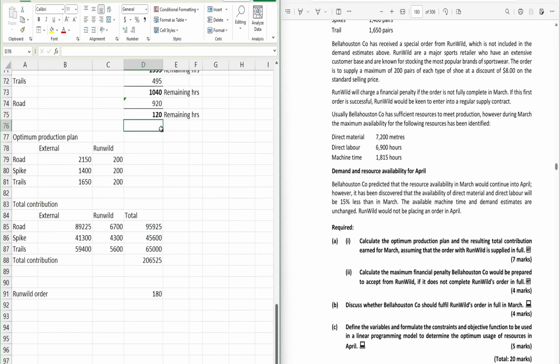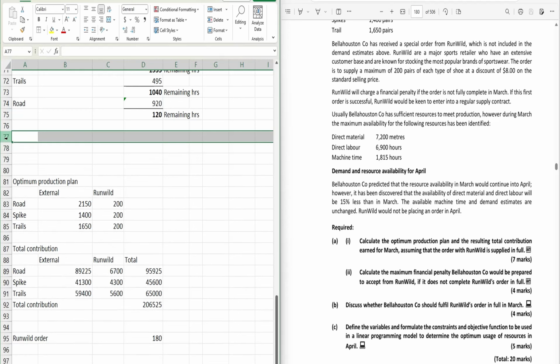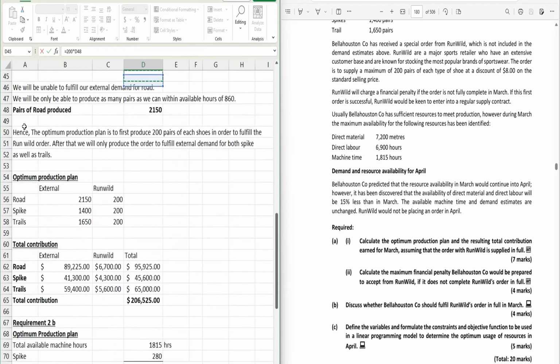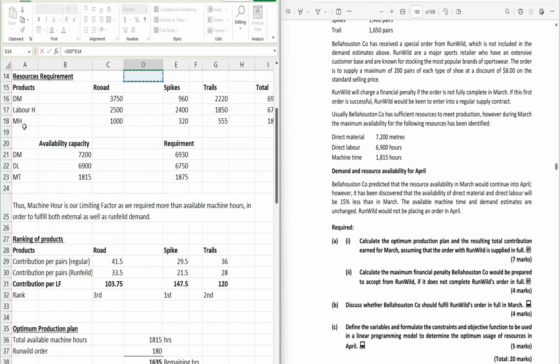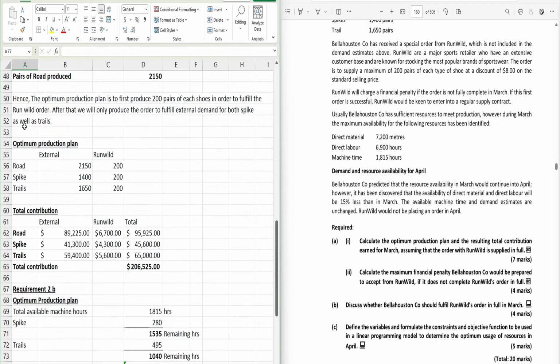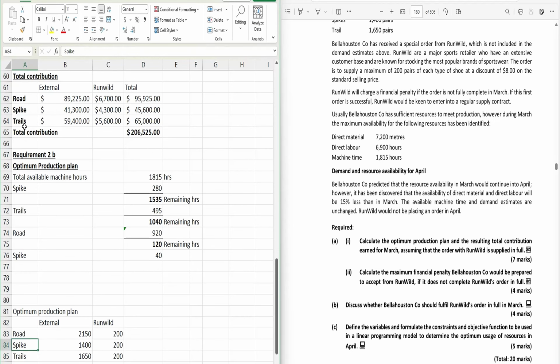So if we are fulfilling the Run Wild order, then we will first produce the spike, which is 200. How many hours will 200 require? We need to go back to the table where we calculated the machine hours required per unit, that is 0.2. So this is 40.